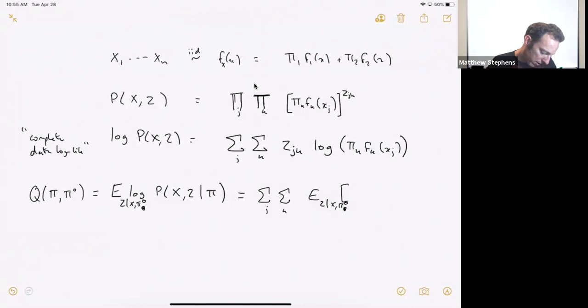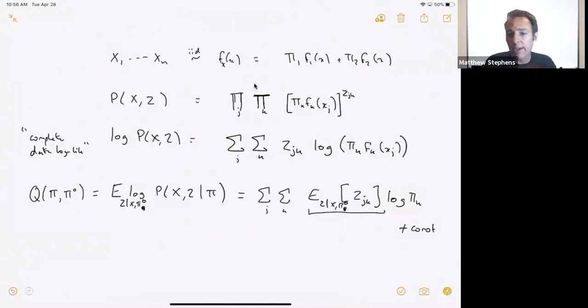Okay, so the rest doesn't depend on pi. Because I'm assuming that the Fk are known, I'm just going to take those out and call that bit a constant. So that's not going to come into the M step, so it doesn't matter. So let's just look at this expectation term.